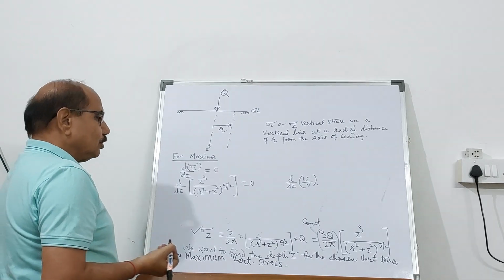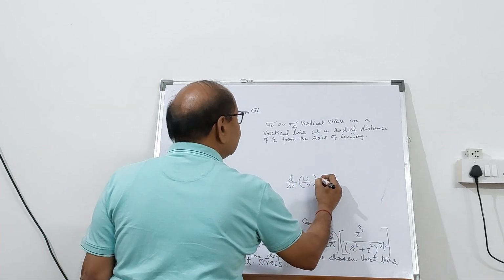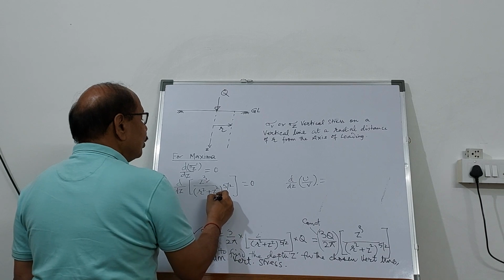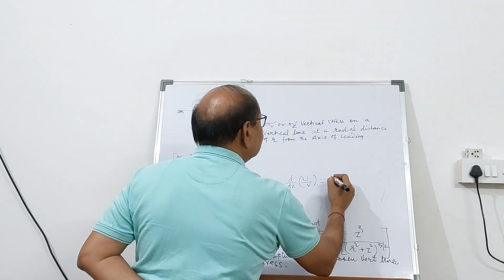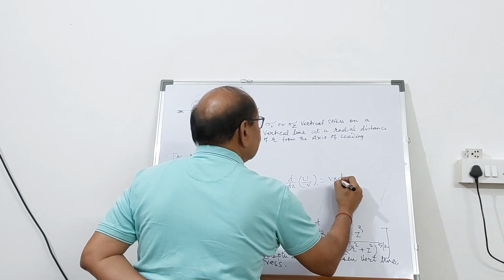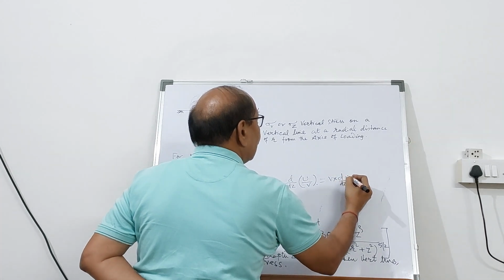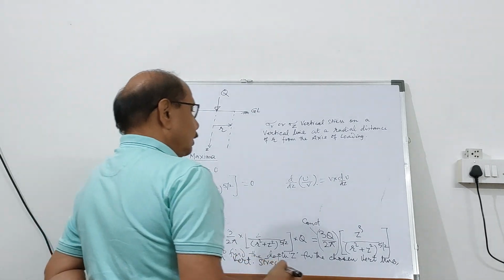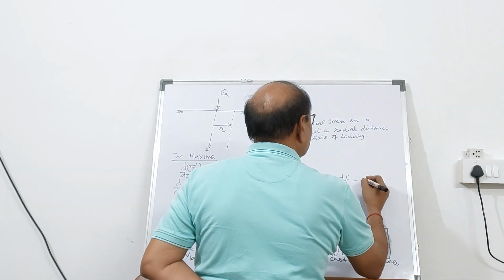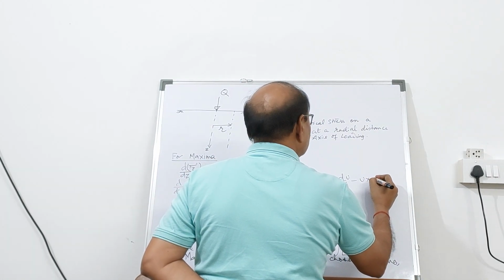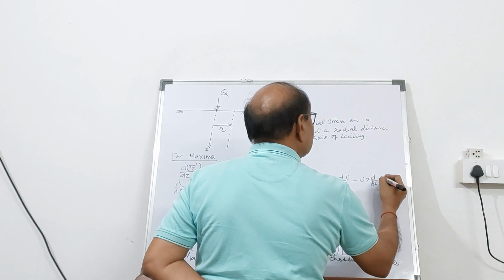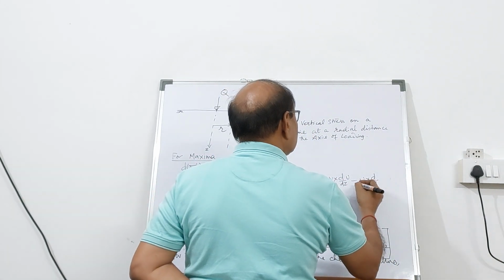Right. So how will you find out? If you differentiate it, there is the numerator, there is the denominator, and then it becomes v into d by dz of u minus u into d by dz of v.